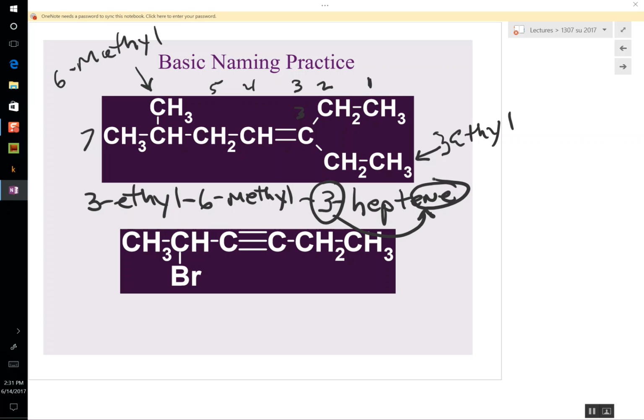All right, let's do the one below here. What's the longest chain? 6. So 6 is hex. Right, and it's got a triple bond in it, so it's hex-ine.